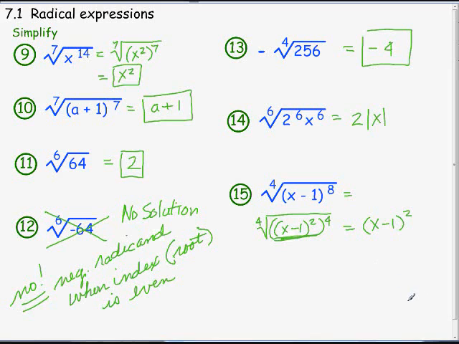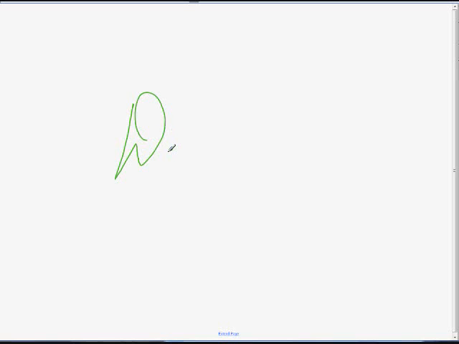Now, do I need absolute value here? I do not, because even if this is a negative expression, I'm squaring it, so it will become positive. When you're squaring a negative, it becomes positive, so that's okay. We are done in 36, 37 beautiful minutes.